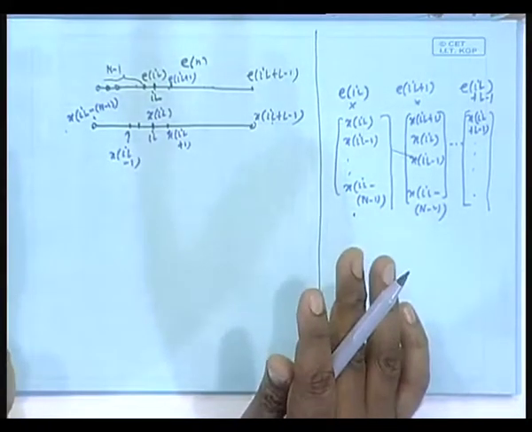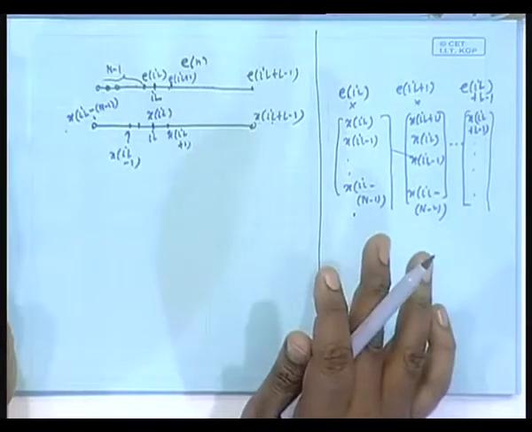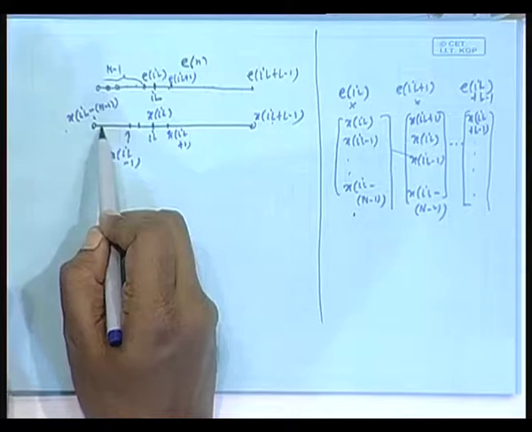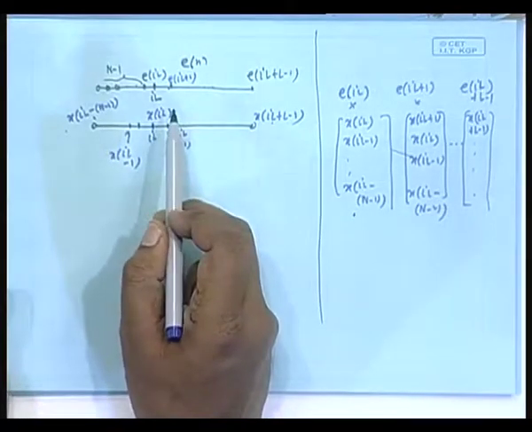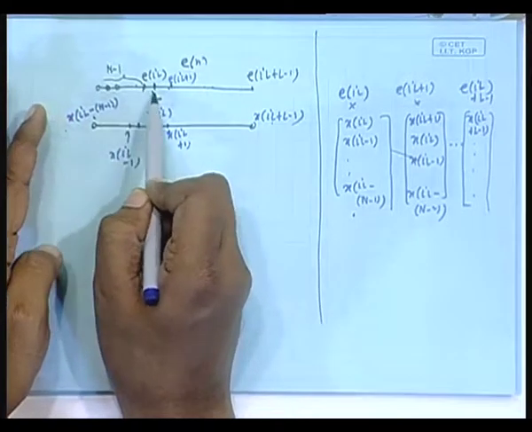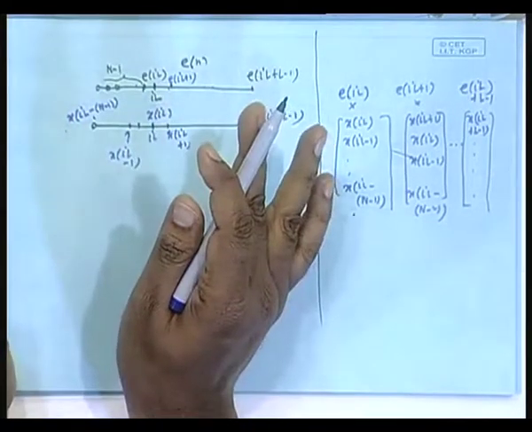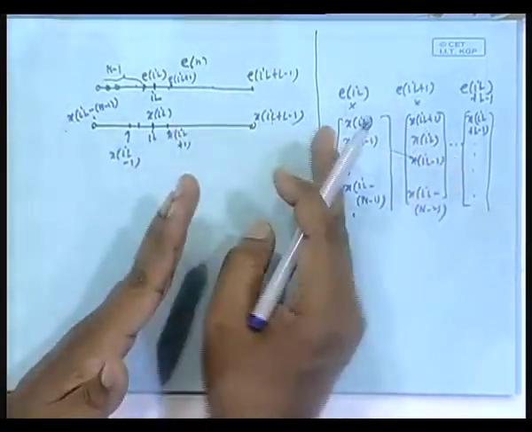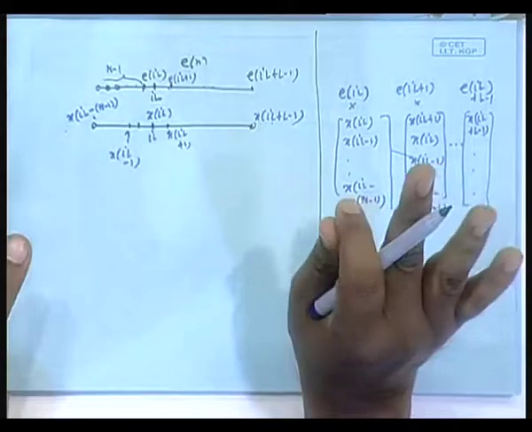Total n: 0 shift, 1 shift, up to n minus 1 shift. 0 shift, this guy is at the 0th position, first shift is the first position, the n minus 1th shift at the n minus 1th position. Length is n minus 1, so this is n minus 2, and this is the n minus 1th position. After that, even if I go on shifting, I will ignore those results, I do not need them.